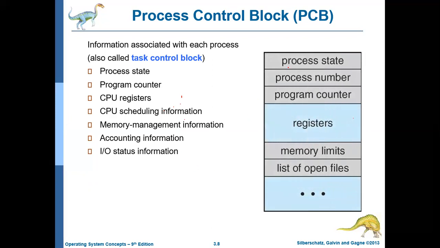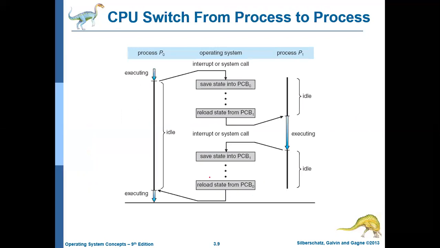It includes process state, process number, program counter, different registers, memory limits, list of IO devices, and list of open files. And this particular diagram shows how the PCB content is stored into the stack when the control is switching from one process to another process.